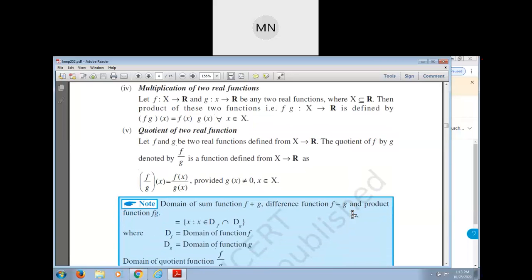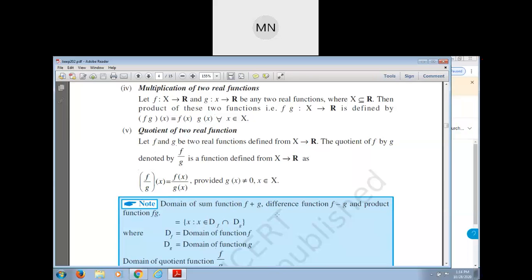And there is a note. See that the domain of the sum of functions f plus g, the difference of functions f minus g, and the product f g is what? The intersection, that is domain of f intersection domain of g. Okay, and this is very important.